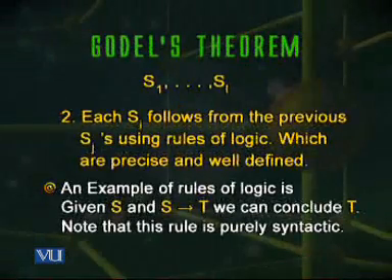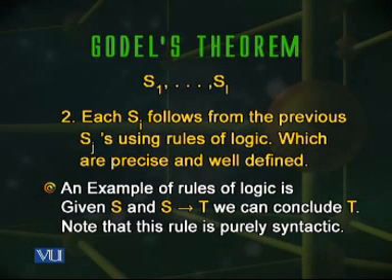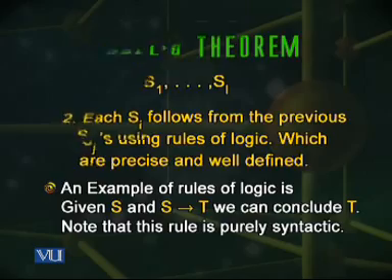One of the rules of logic we saw was modus ponens. So for example, suppose that we are given S and we are also given S implies T, then we can conclude T. Note that this rule is purely syntactic in the sense that we can have a computer check if this rule was applied. It does not need any intelligence to check whether, if S implies T was given and S was given, then T was concluded.